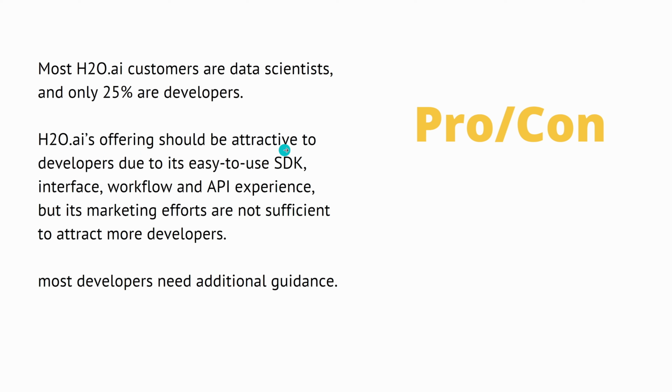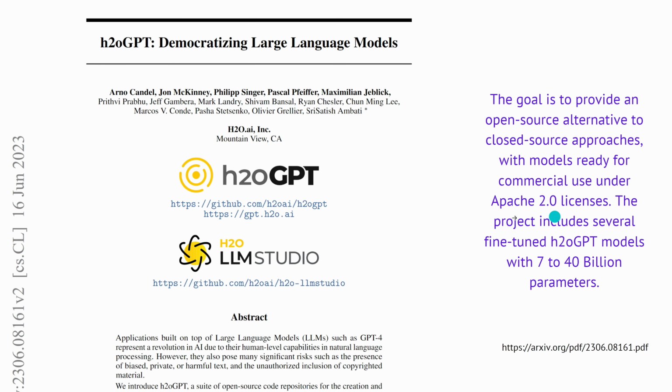So they say the offering should be attractive to developers, with ease of use and interface workflow, but according to Gartner the marketing efforts are not sufficient to attract more developers. And those developers who are not AI experts need additional guidance. But for me, where I think I have an idea how to code AI, this is great, because this is a company where I'm looking for data scientists, and their products are optimized for this.